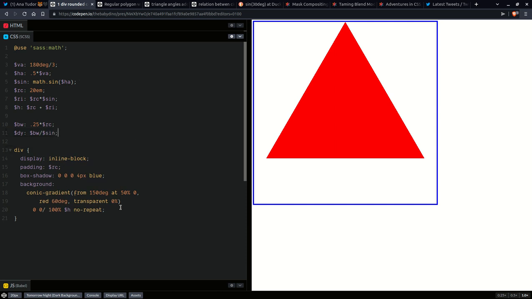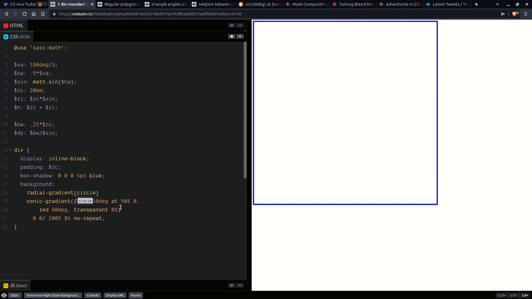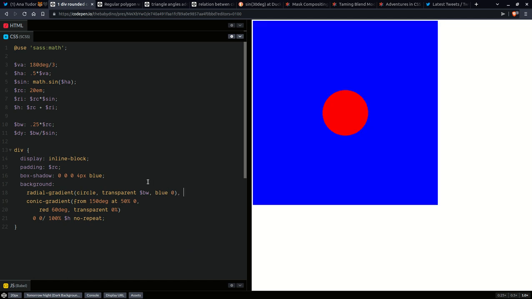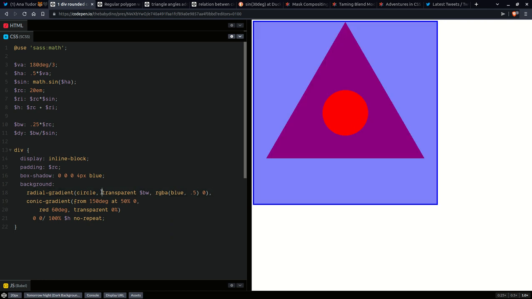So now, let's say that we're going to have a radial gradient circle transparent up to that border width, right? And then blue, let's see it. Okay, let's make this RGBA blue, something like that.